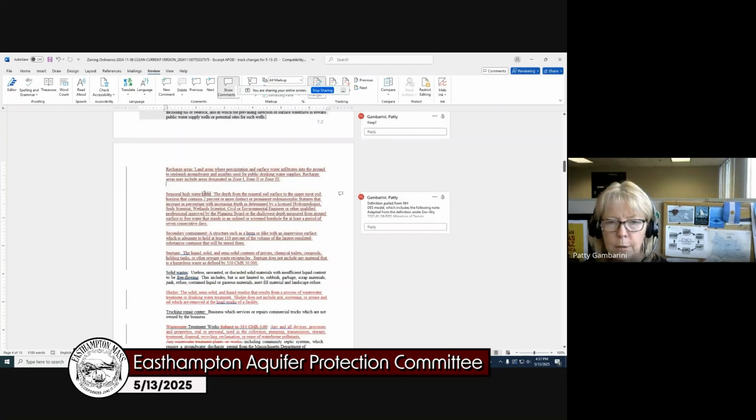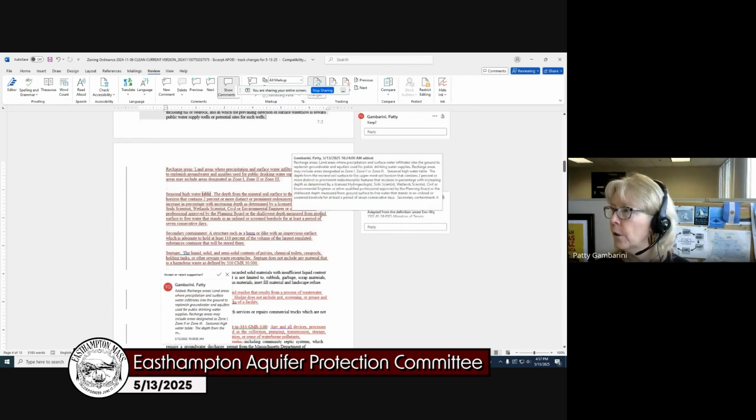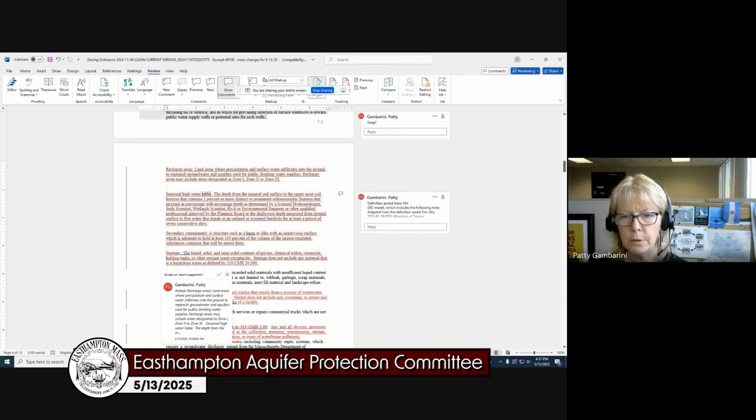So I was going back up to look at, what did they used to call this? The groundwater table, or high groundwater table or something like that. But I think it's better to say seasonal high water table.